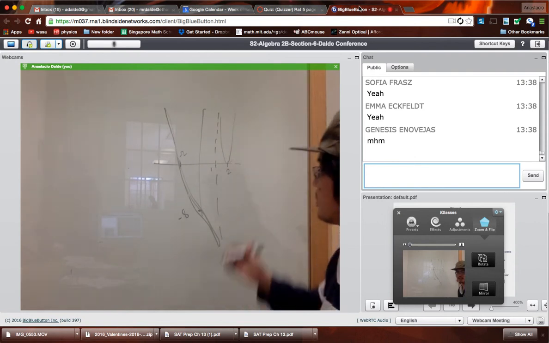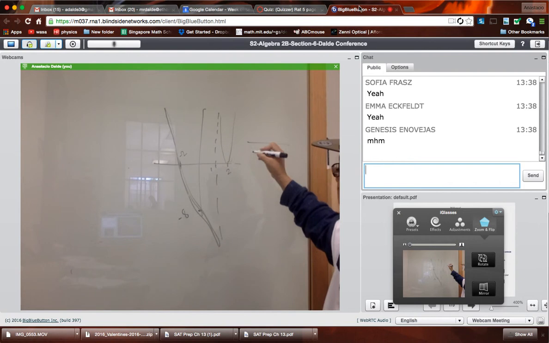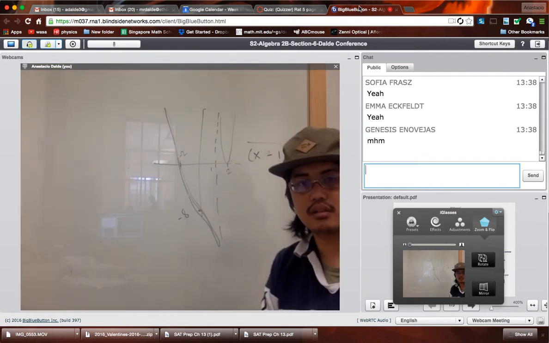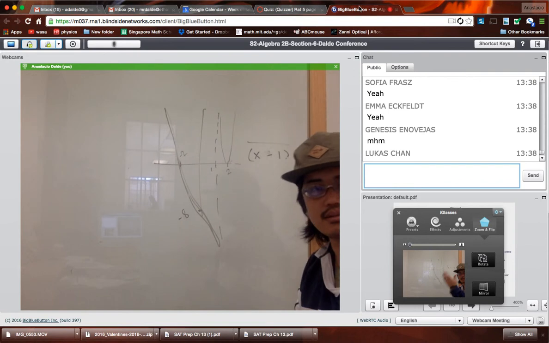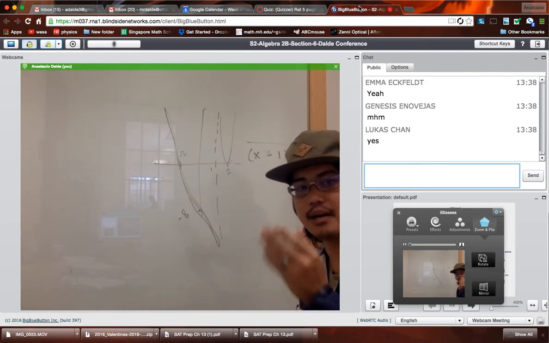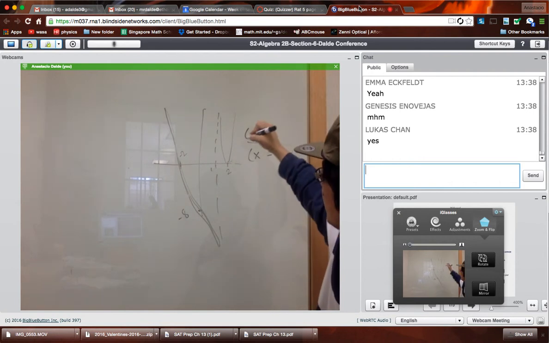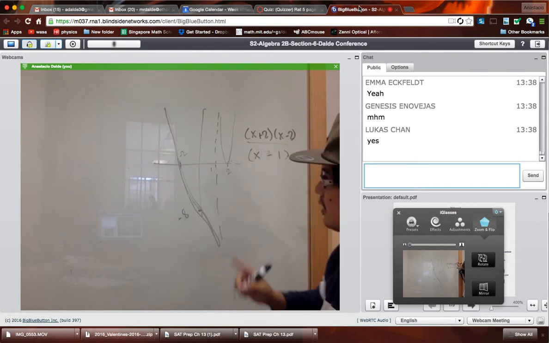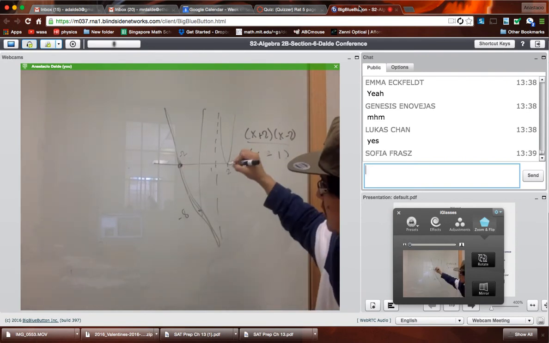I usually always start off with, all right, let's go with the denominator. That's totally going to be x minus 1. Right? I only see one vertical asymptote, x minus 1. Now up on top, I'm thinking that I'm going to go with an x plus 2, x minus 2, because I'm looking at my 2 intercepts.